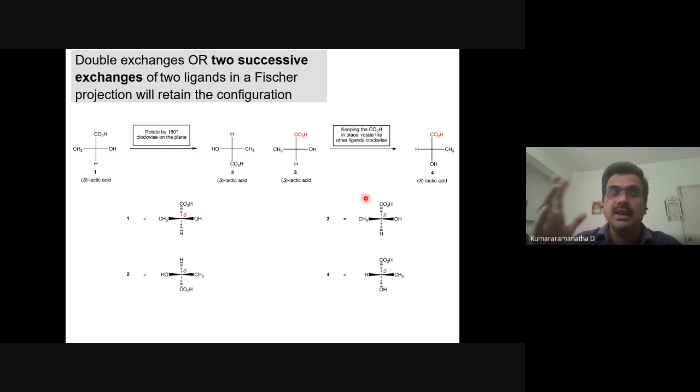Probably you might have read it from a book, but now we are making it more simplified by keeping a set of rules. So please understand and practice all the time, especially stereochemistry. You should definitely practice.